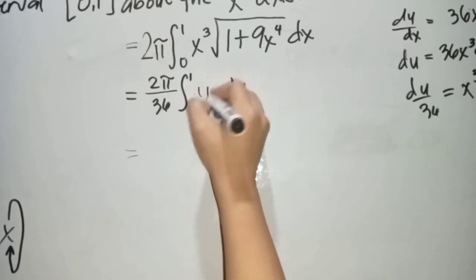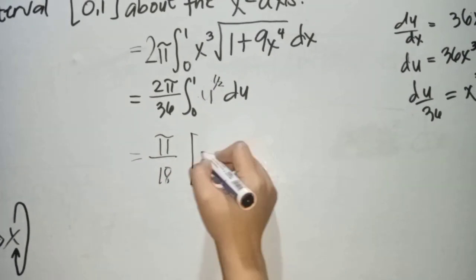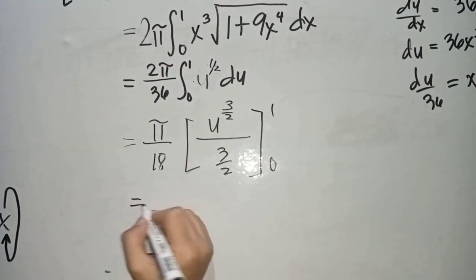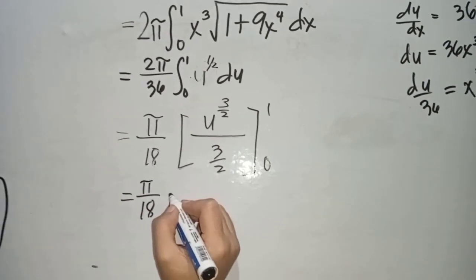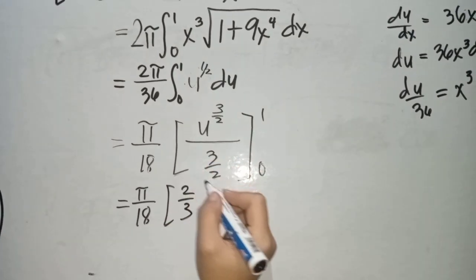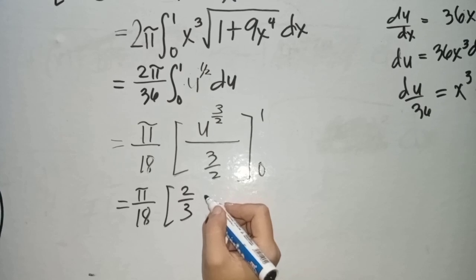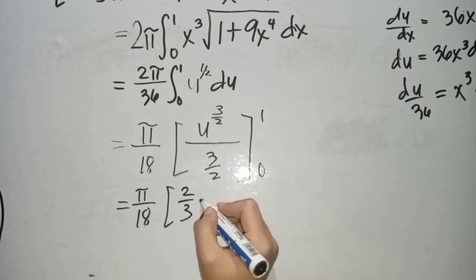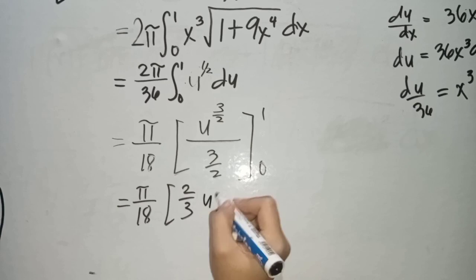This is equal to π/18, because 2 and 36 can both be reduced by a factor of 2, multiplied by u^(3/2) divided by 3/2, evaluated from 0 to 1. The integration rule says to add 1 to the exponent, so 1/2 plus 1 is 3/2, and we divide by that new exponent.